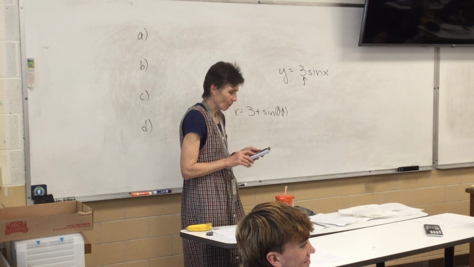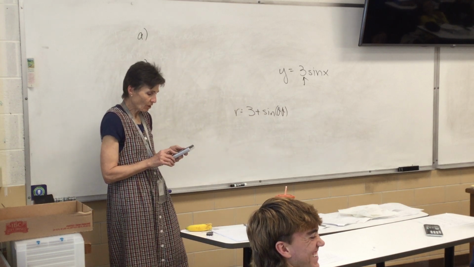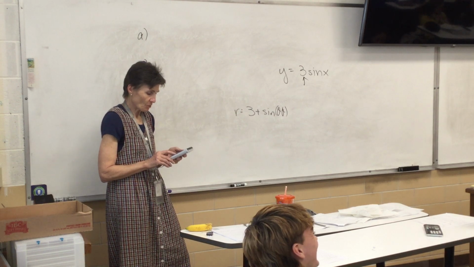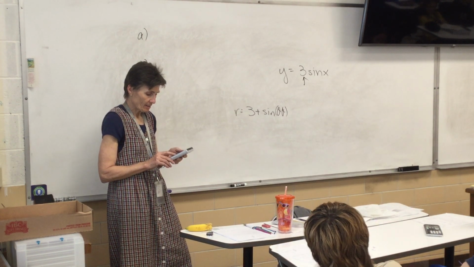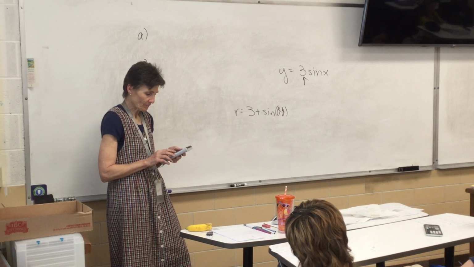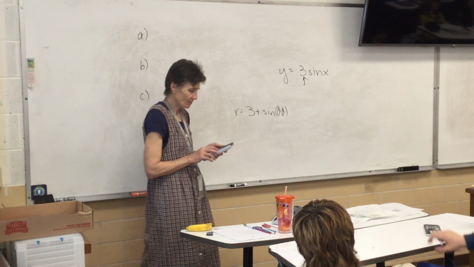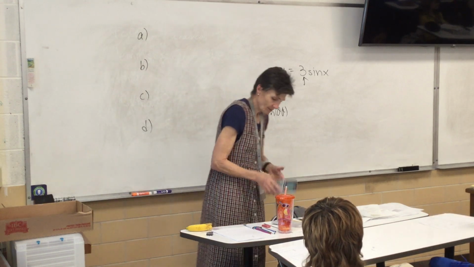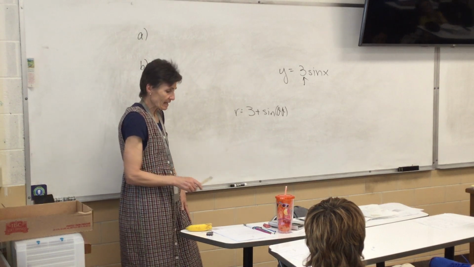All right, now, what did you notice about this? It's kind of hard to see, so I think I'm going to have you do a little tracing so that you can tell for sure. What did we end up with here? I heard somebody say it's an oval.